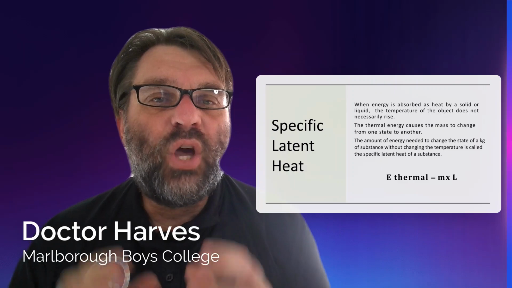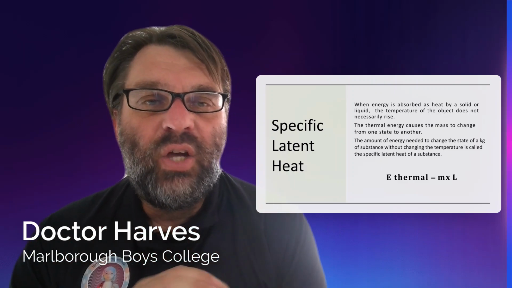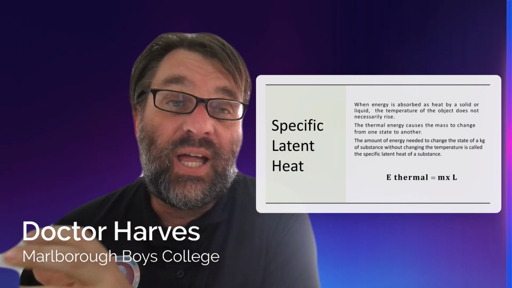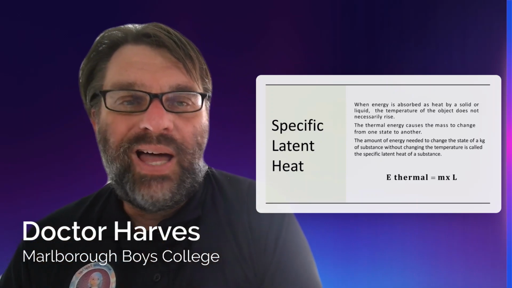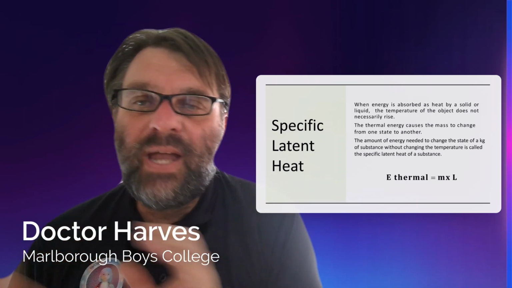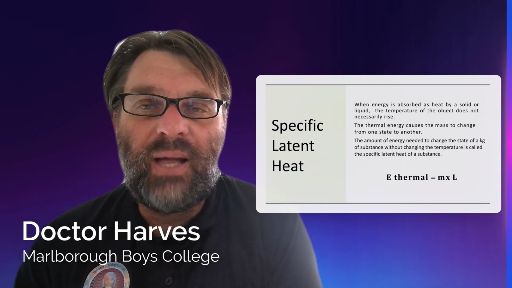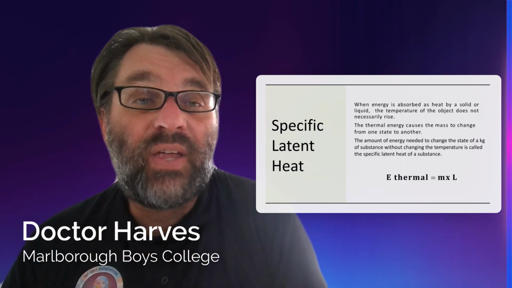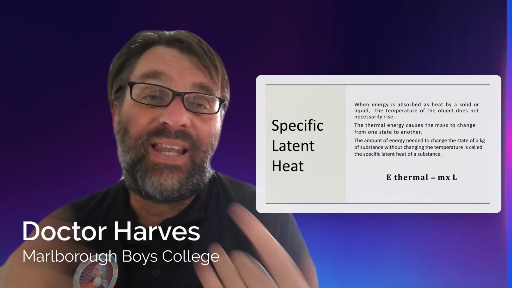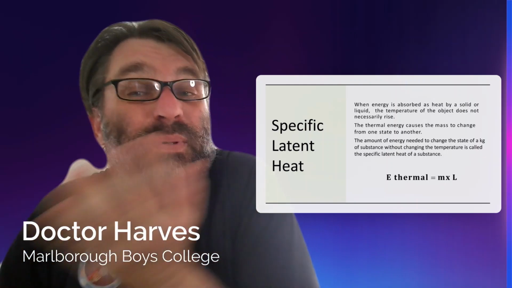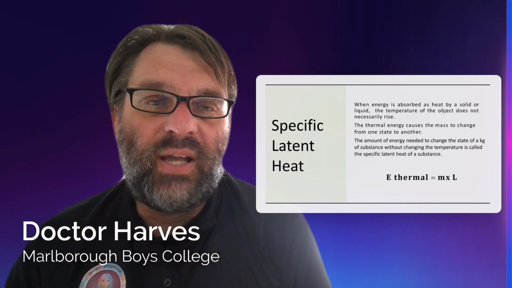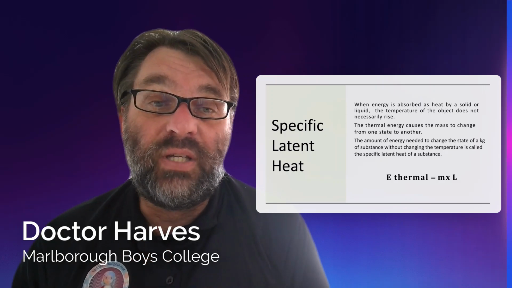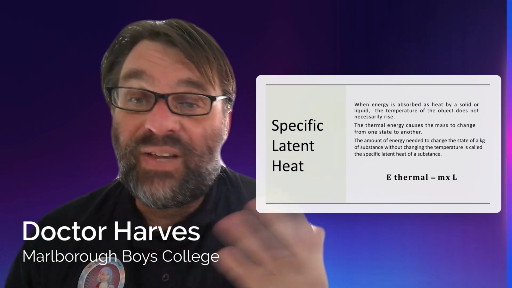So the thermal energy causes the substance to change from one state into another. And the amount of energy that's required to change a substance from one state into another is called the specific latent heat of the substance, because it's specific to that substance. And the equation is the thermal energy required equals the mass of the substance times the specific latent heat.